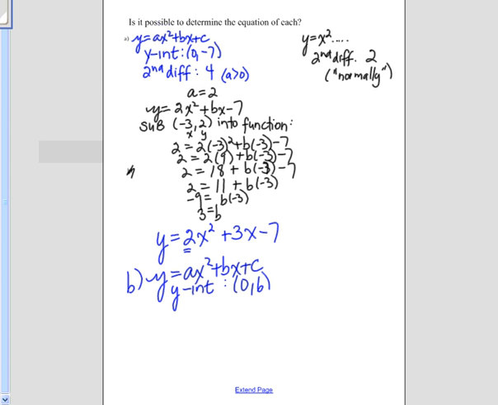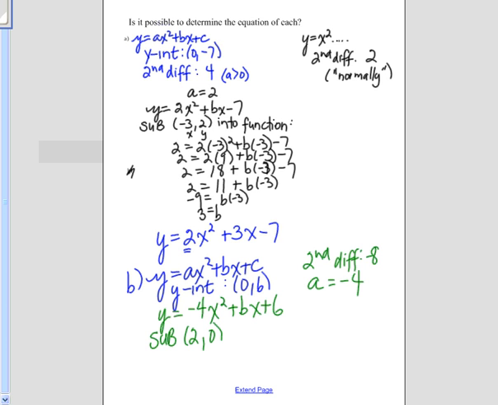Our second differences were minus 8. Normally for a quadratic, your second differences are 2. So that gives us our a value as minus 4. So we know so far that the equation of our quadratic will be y equals minus 4x squared plus bx plus 6.